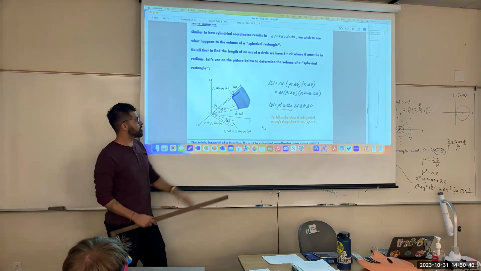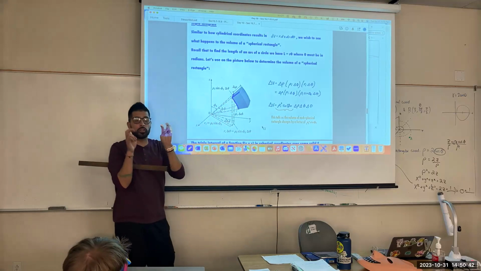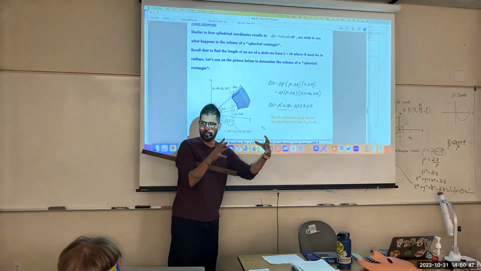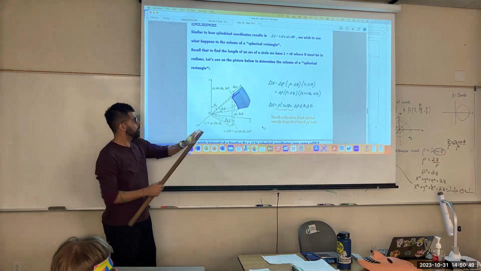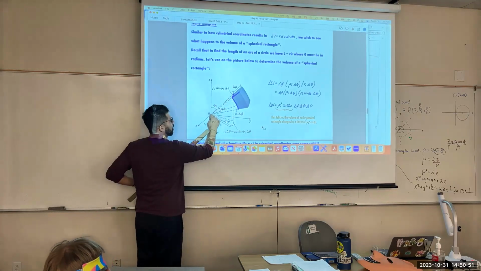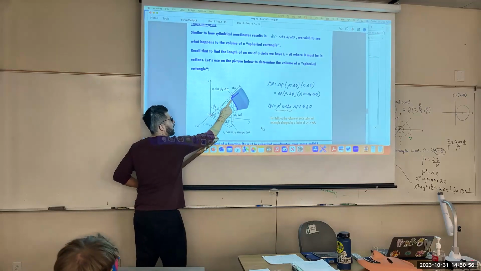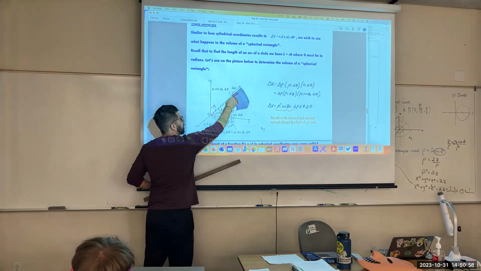But when you're going to do integration, you're going to have a spherical cube, like a polar rectangle. Your rho will be some rho for this arc here, and a larger rho for this other arc here.